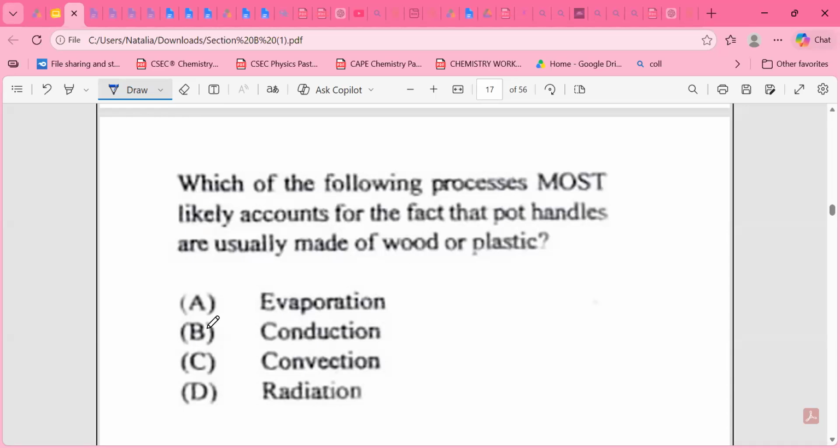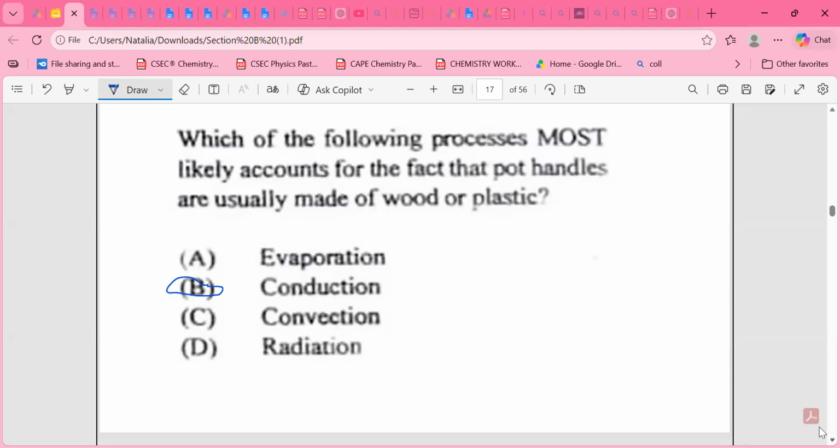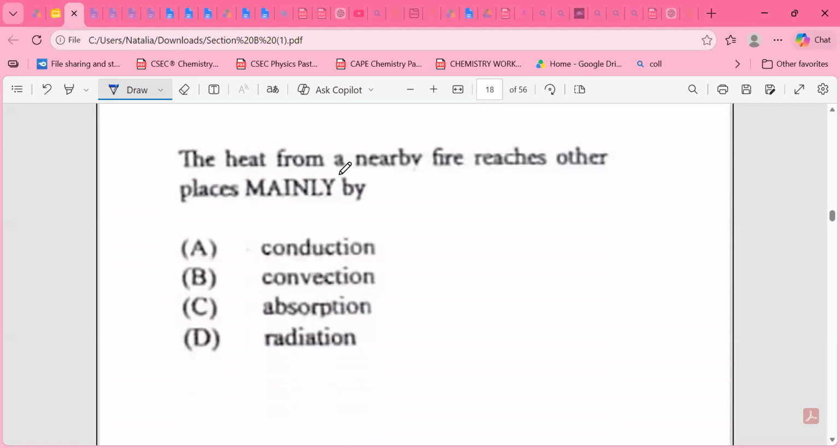B. The heat from a nearby fire reaches places mainly by conduction, convection or radiation. Conduction needs particles. Convection needs fluid.